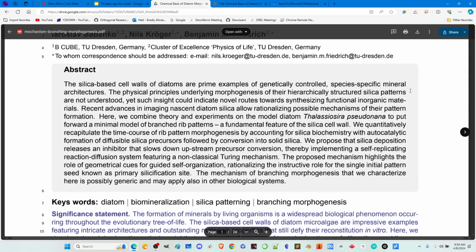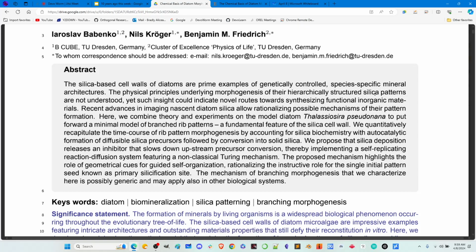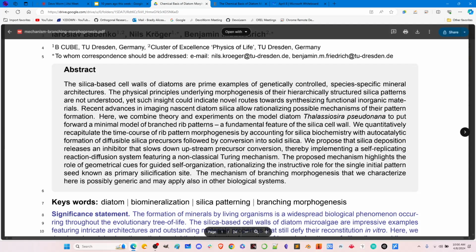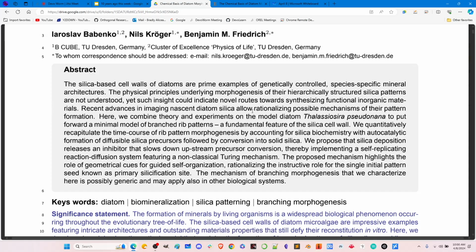It's not just a physical process, but there's an interaction between the physical aspect and the genetic aspect. The physical principles underlying morphogenesis of their hierarchically structured silica patterns are not understood, yet such insights could indicate novel routes toward synthesizing functional inorganic materials.